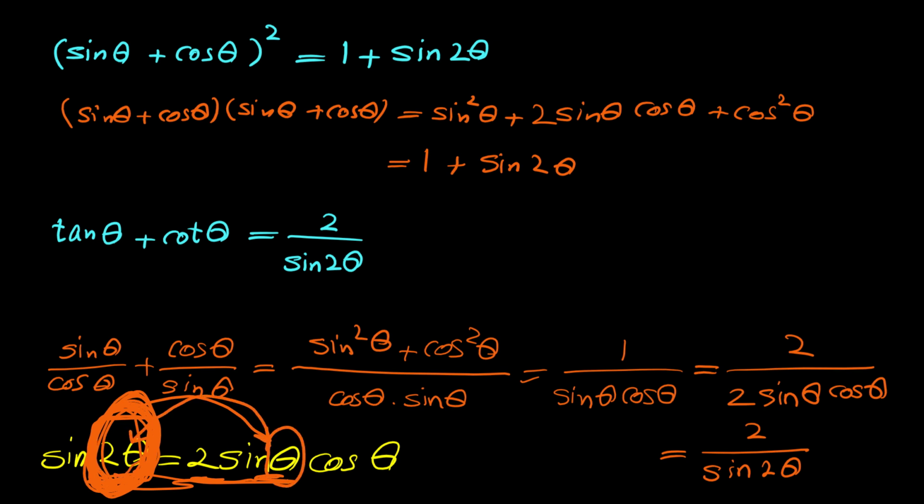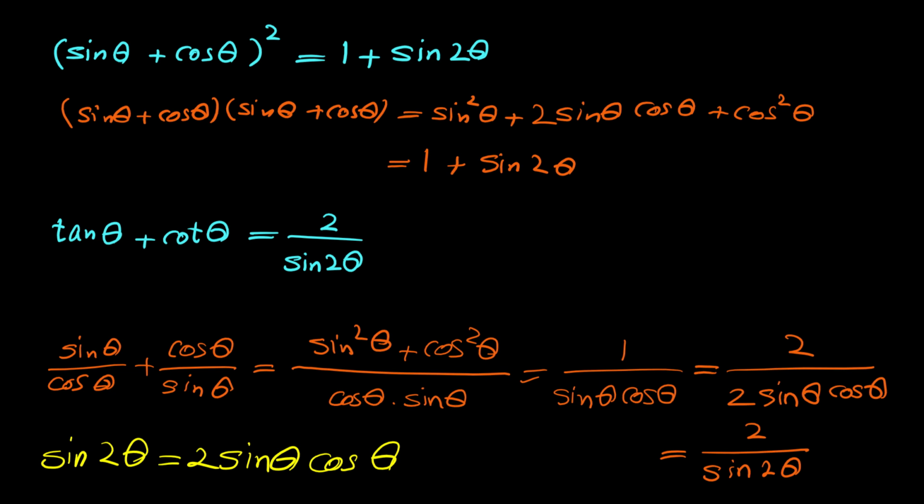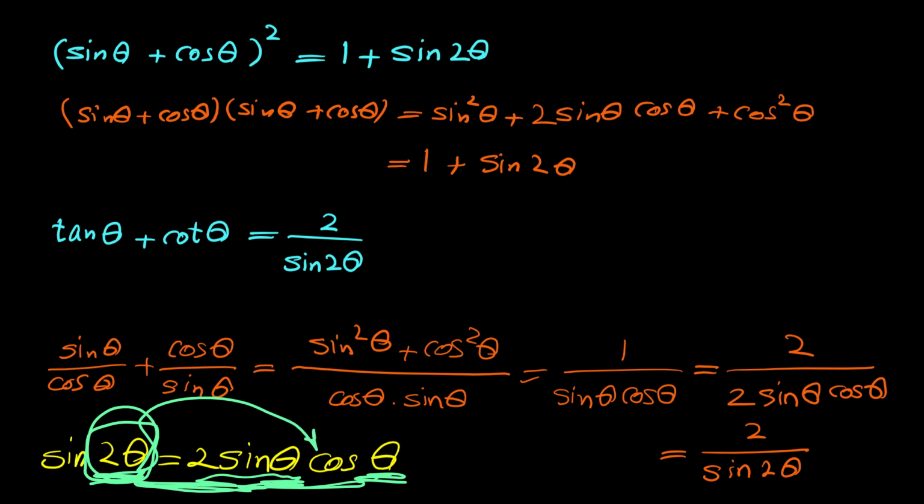So sine of 2 theta is 2 sine of theta. To memorize, to learn, to understand an identity, you have to pay attention to the details. Whatever is here is half of that, and also here. So sine of 2 theta is 2 sine of half of this angle, cosine of half of that angle.